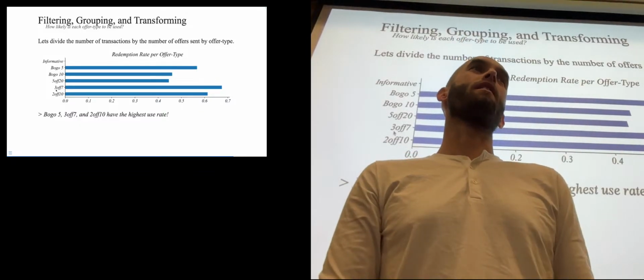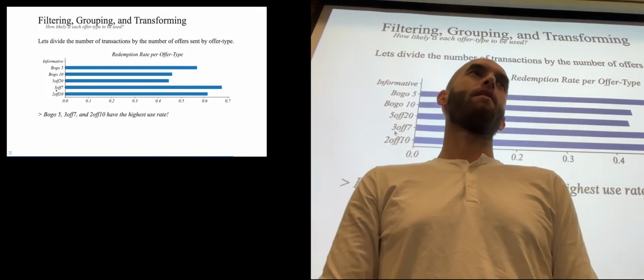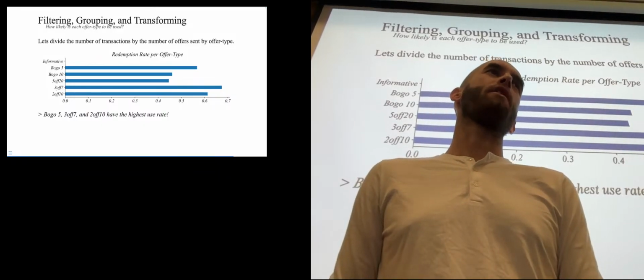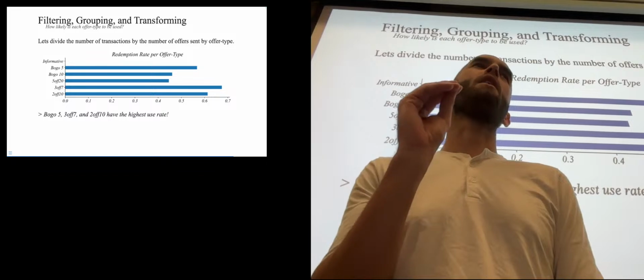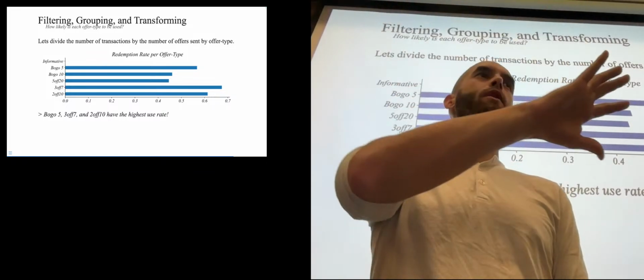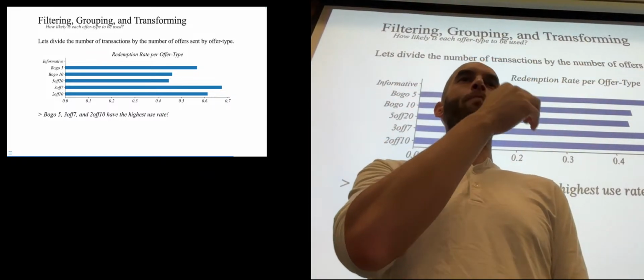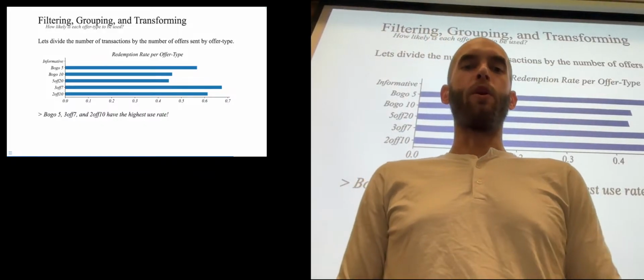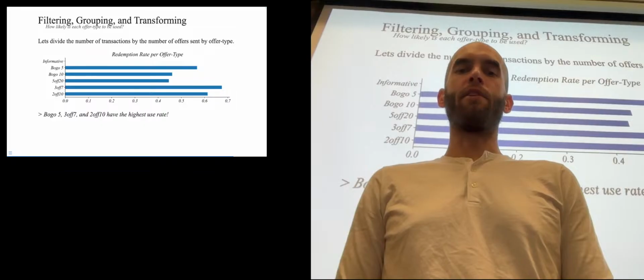That's a pretty big discount. It's actually moving purchasing behavior by a lot. It doesn't require a lot of spending to get that $3 off, and the $3 off is a pretty big portion of the $7.